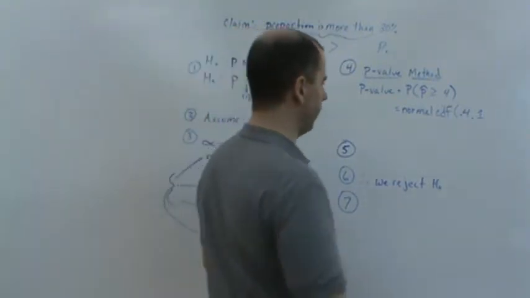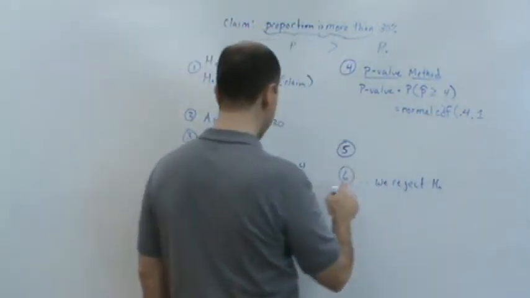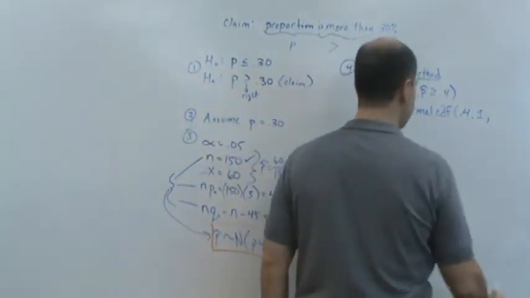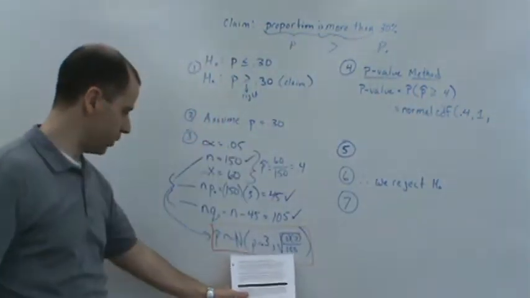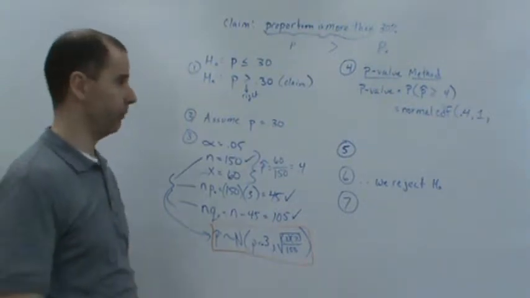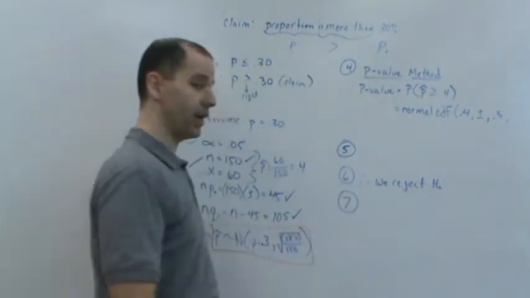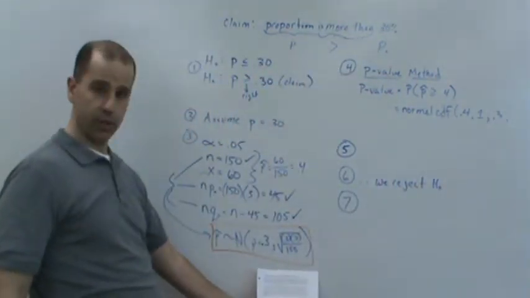Okay. So anyway, back to this. Our lower bound is 0.4, our upper bound is 1, and now what's the mean? The mean of the distribution is right here, 0.3. So we're going to put 0.3, and what's the standard deviation of the distribution? Right here.